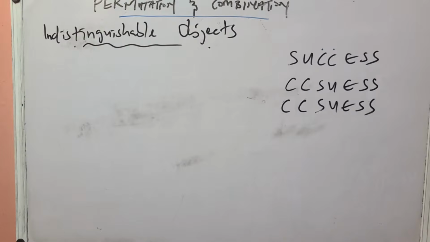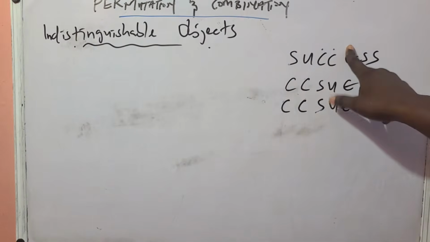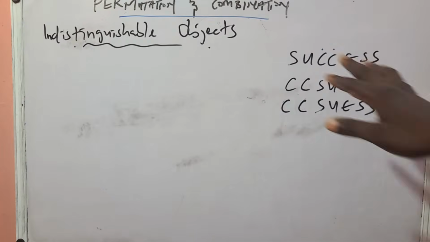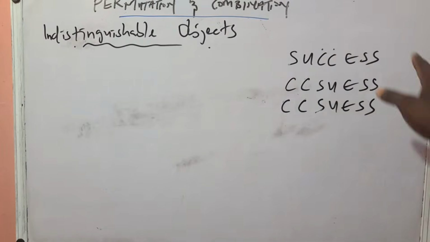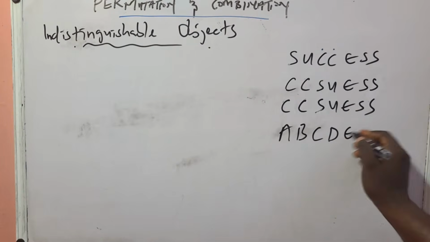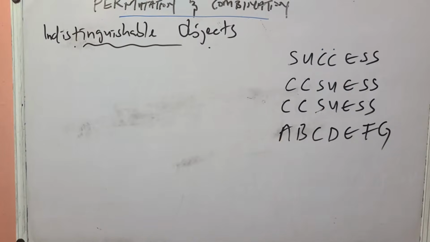Now, if you counted this normally, this was supposed to be 1, 2, 3, 4, 5, 6, 7. 7 different objects. Imagine it was the letters A, B, C, D, E, F, G. These are 7 different objects, all different.